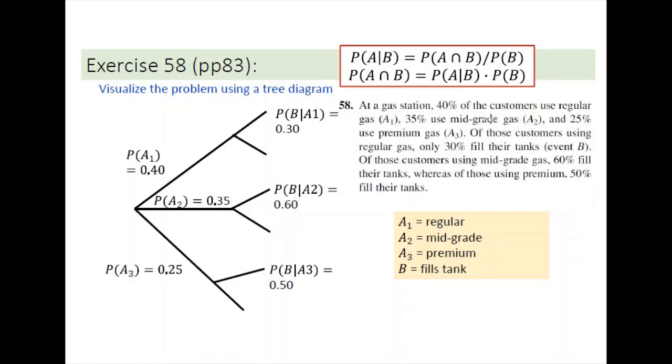Of those customers using mid-grade gas, 60% fill their tanks, whereas of those using premium, 50% fill their tanks.